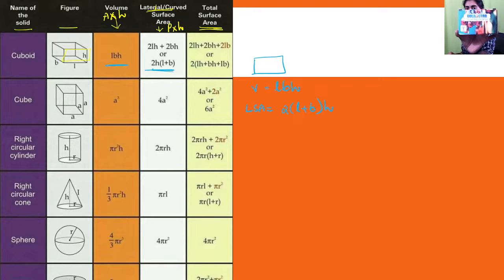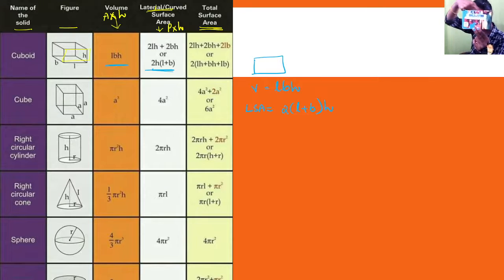If I have to talk about the lateral surface area, you will see that we have 6 sides in a cuboid. Can you name the 6 sides? 1, 2, backside 3, 4, 5 and 6. So you have 4 sides around, top 1 and bottom 1, total 6.